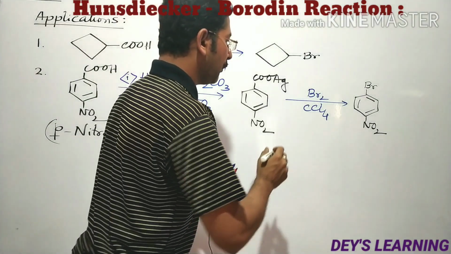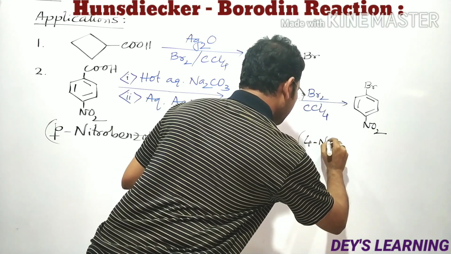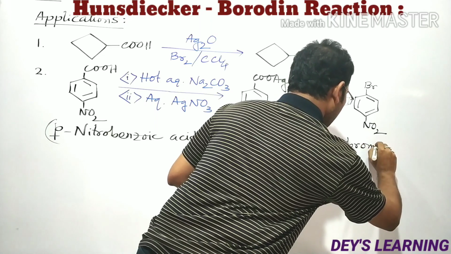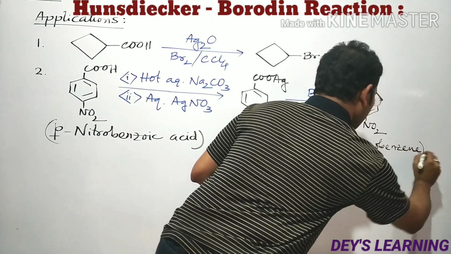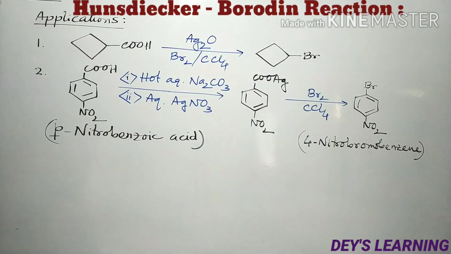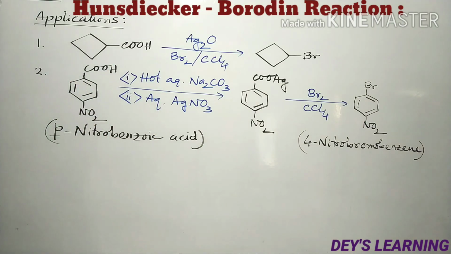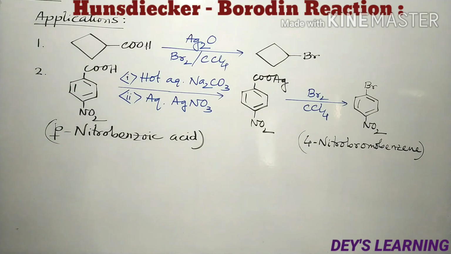This is your 4-nitrobromobenzene. So this compound can be prepared by using Hunsdiecker-Borodin reaction.